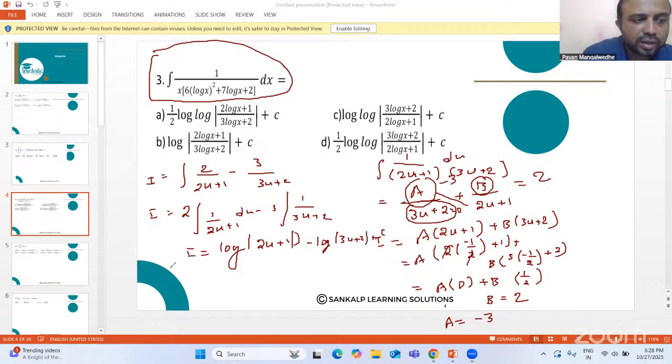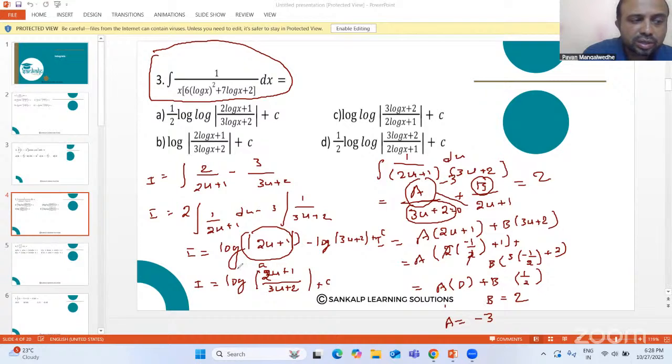As you all know, using the logarithm property, log a minus log b is log of a by b. That is, I is equal to log of mod of 2u plus 1 upon 3u plus 2 plus c.